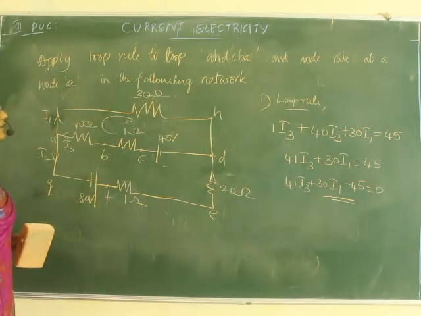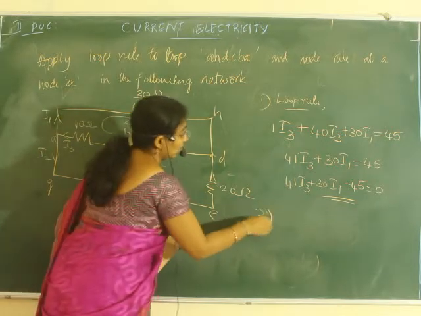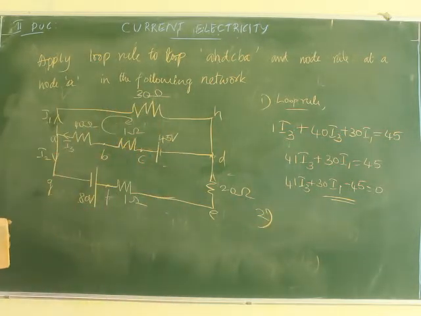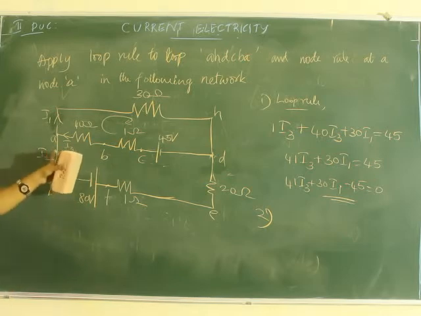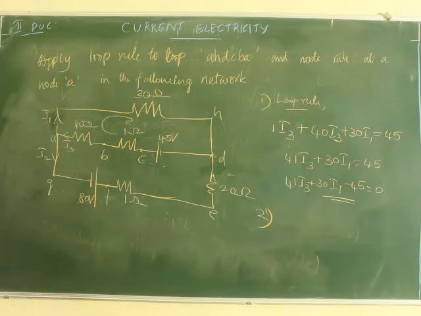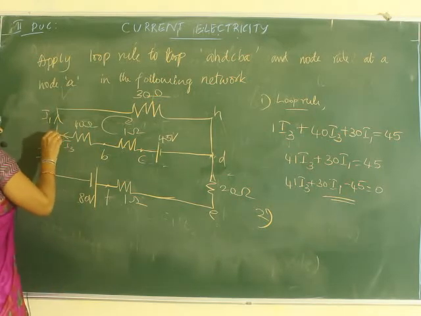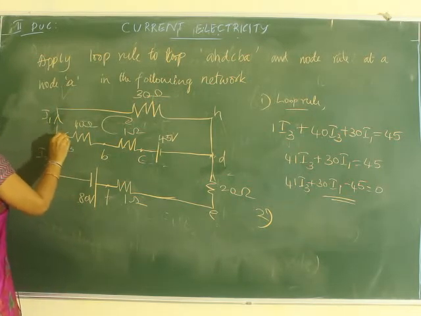What is the second one? We have to apply the node rule, correct? To which junction? A. To the node A. How to apply? Sum of the current entering the junction is equal to sum of the current leaving the junction. There, which are entering the junction? Only I3 is entering.